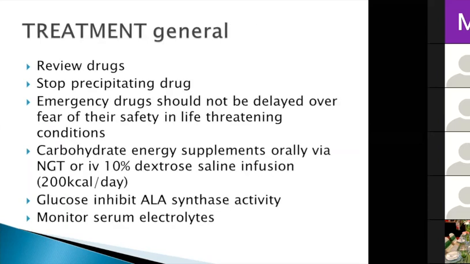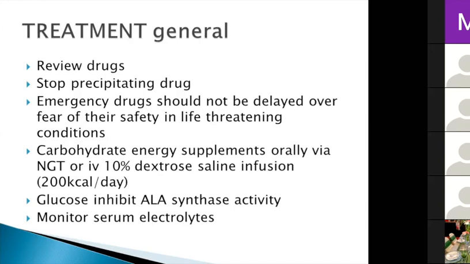So in terms of general measures, we need to review our drugs. We need to stop any drugs that are known triggers. But in the case of a life-threatening condition, emergency drugs should not be delayed over fear of their safety.